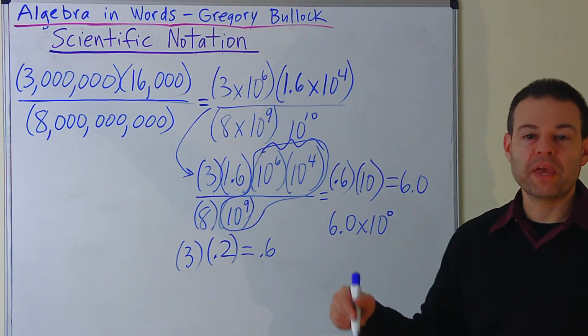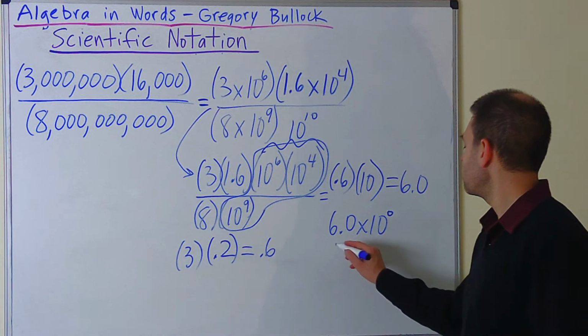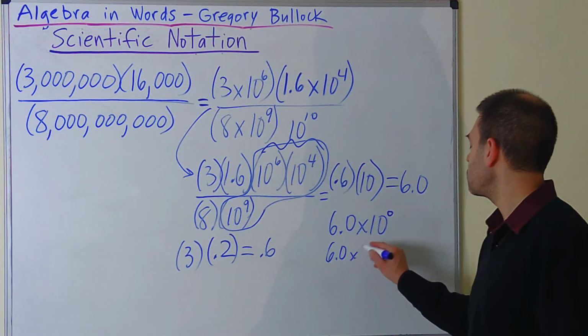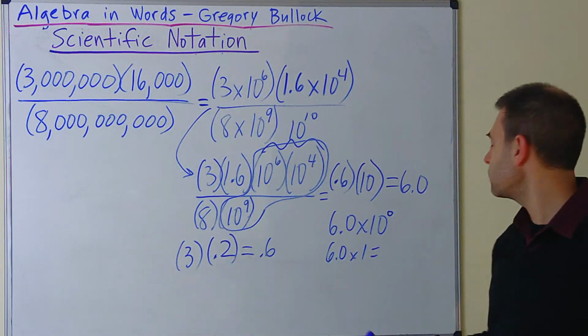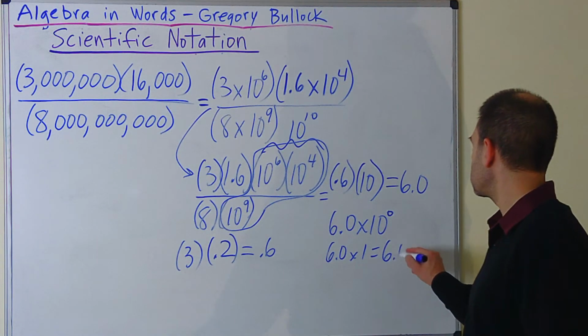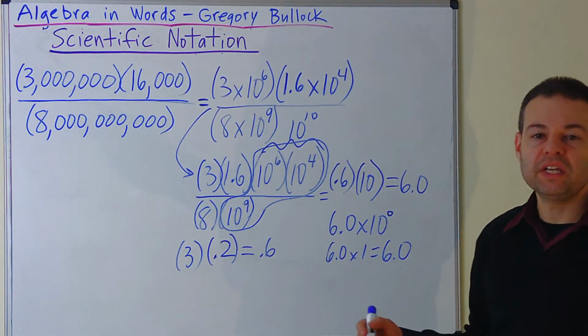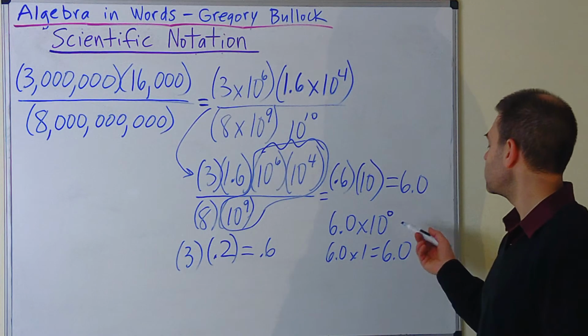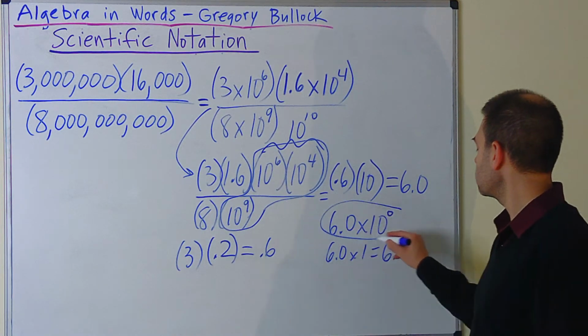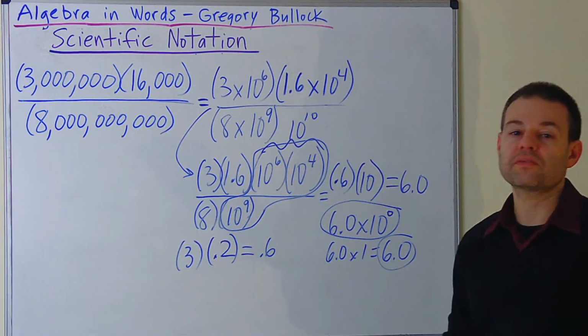If you remember, any base to the 0 is 1, so if you think of 6.0 times 1, you normally wouldn't write that, so you could just write 6.0. But if it specifically needed scientific notation, then technically it would look like this. But I think both answers are sufficient.